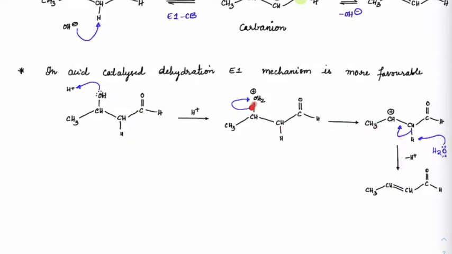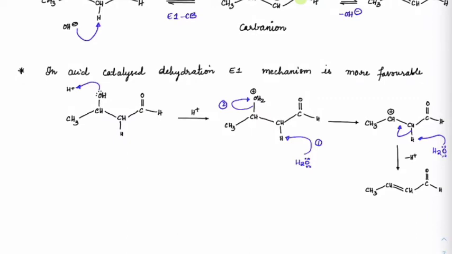Now the same can happen through E1CB also, where this OH2 group is leaving. Water, H2O, can remove this proton first, a carbanion is formed, and then the double bond will form and this group will leave. So this being the first step, this being the second step, it is E1CB mechanism.